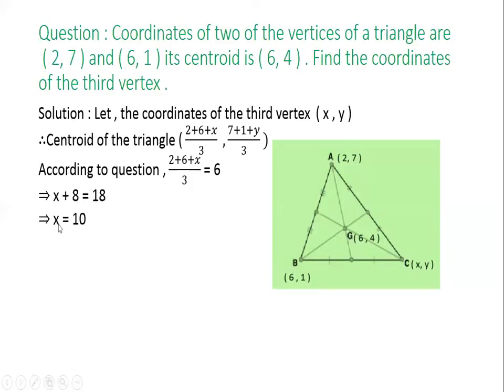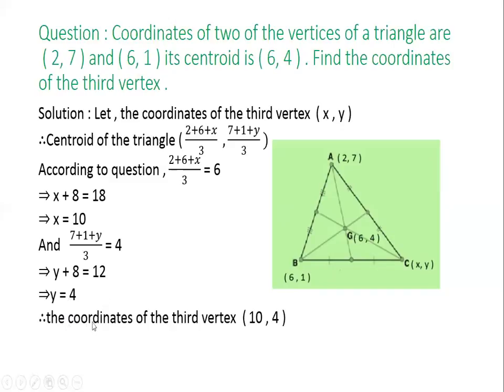That means x equals 10. Similarly, (7 plus 1 plus y) by 3 equals 4. From this, y plus 8 equals 12. That means y equals 4. So finally, the coordinates of the third vertex C, (x, y), equal (10, 4). This is our required answer.